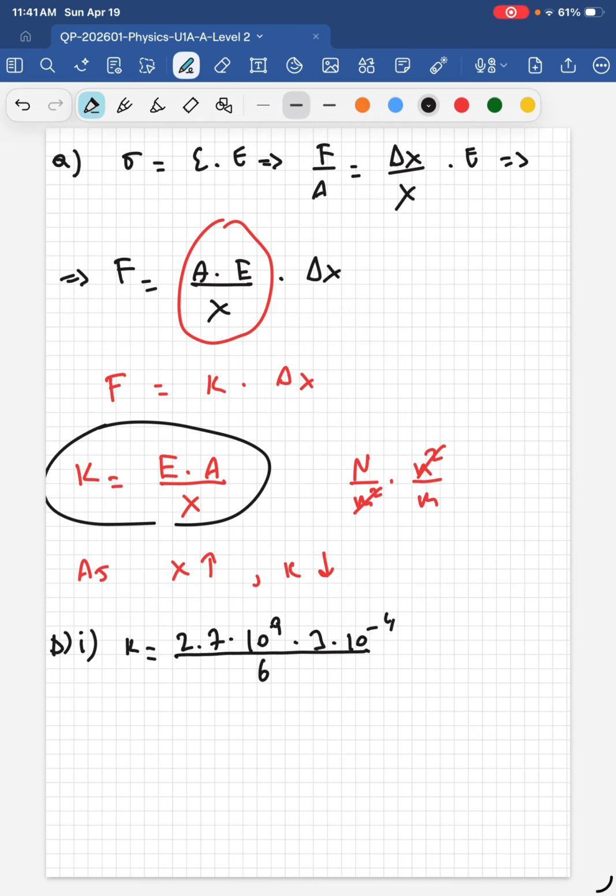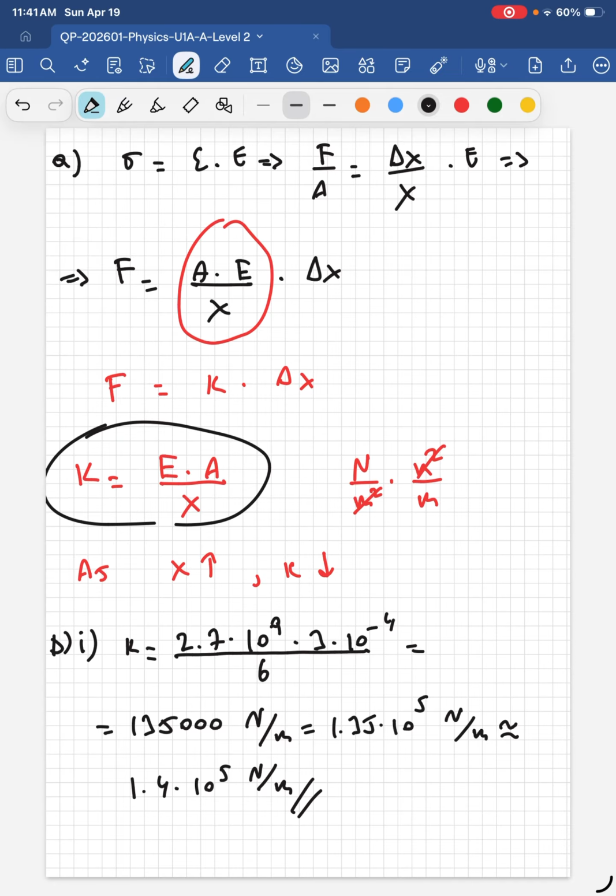By the way, guys, I'm just plugging numbers into this formula. So we get 135,000 newtons per meter, which is 1.35 times 10 to the 5, which is about 1.4 times 10 to the 5 newtons per meter, which is the answer, guys.